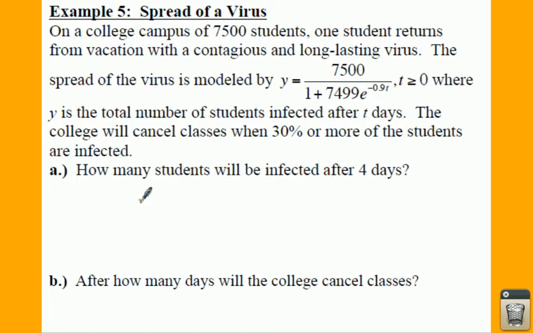Well, that's not too bad. All we got to do here is just plug in y equals 7,500 all over 1 plus 7499 e to the negative 0.9 times 4. And we just plug this into our calculator.